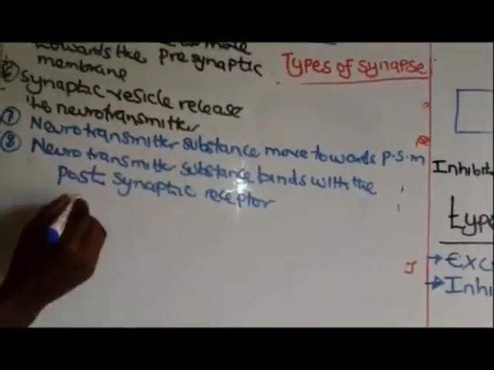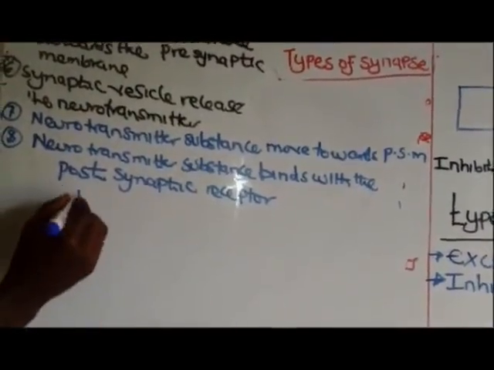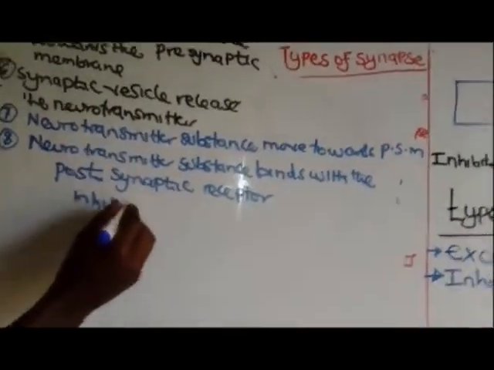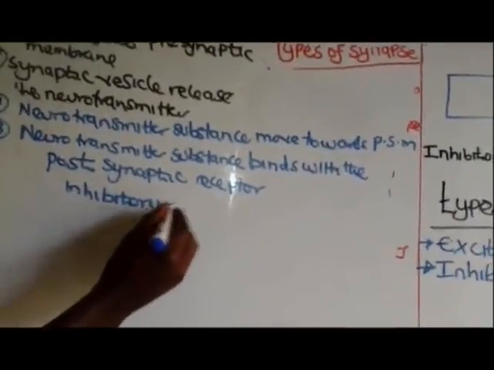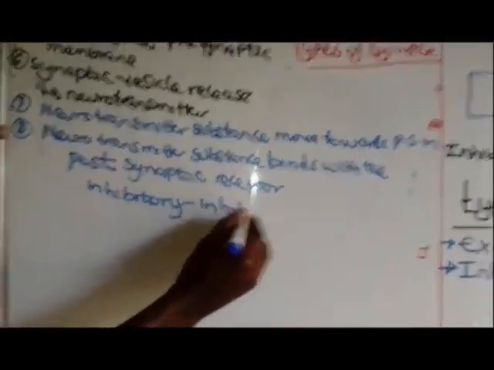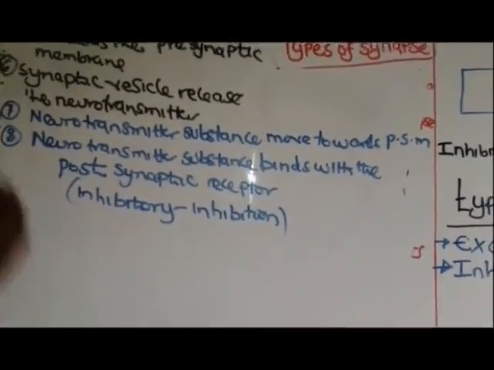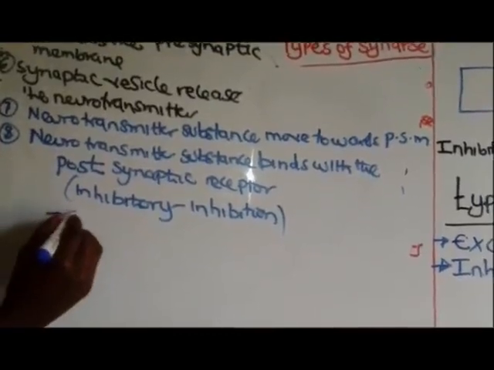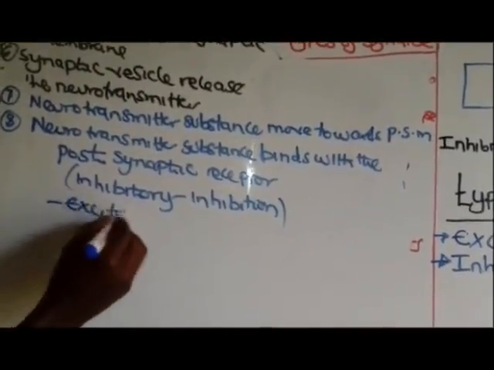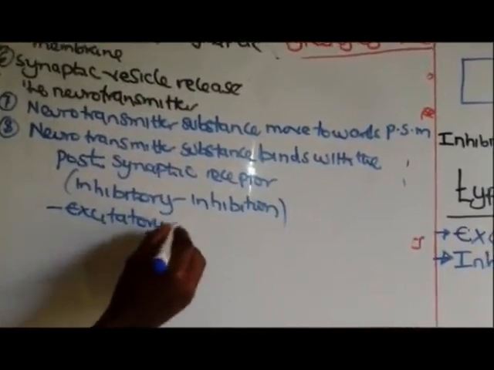We have receptors which can be inhibitory receptors. These ones are going to do what we call inhibition. That one means the impulse will not move downwards. Then we have those receptors which are called excitatory receptors.